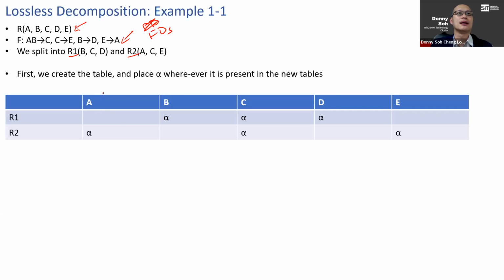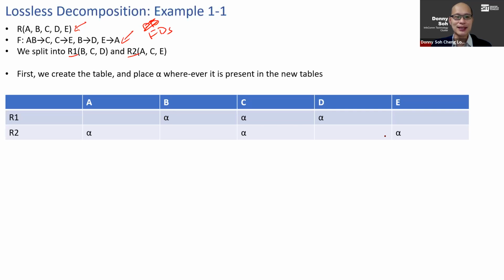On my X, I will have all the attributes A, B, C, D, E, and then I have R1 and R2. For R1, I have B, C, D, and I will put a distinguished variable there. On R2, I have A, C, E, so I'll put the distinguished variable there as well.